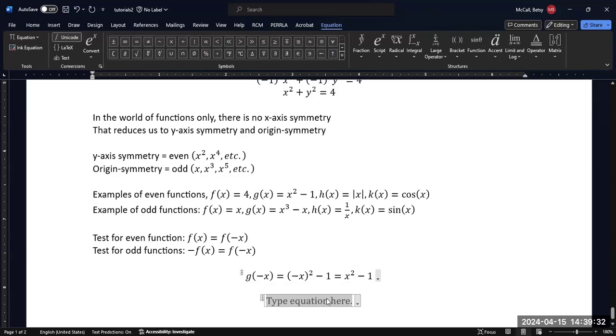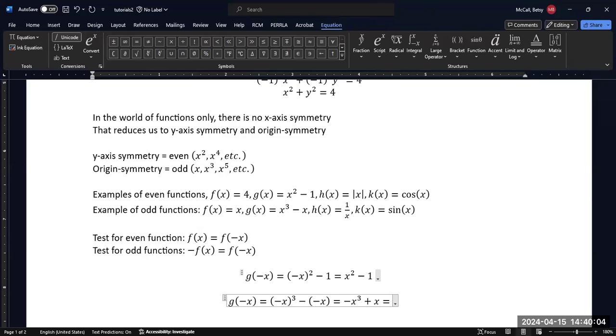And if I do this for my other g function, g of negative x, then I'm going to get negative x cubed minus negative x. And that's going to get me a negative x cubed because two of my negatives will cancel, but the third one will survive, plus x.